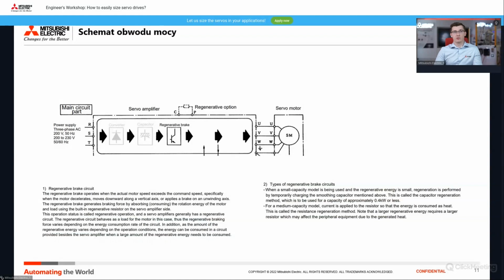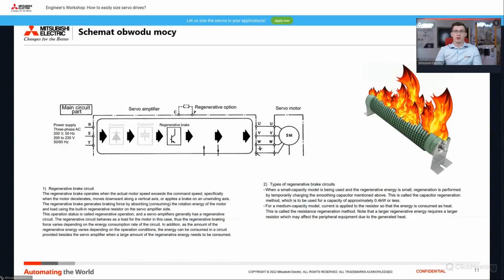And precisely because of that, we are using regenerative brakes, so resistors, which will change this energy into heat. Of course, we can use other things in other systems other than the regenerative brake, but in the standard system, it is like that. And as you can see, in our amplifiers the regenerative brake is always built in.